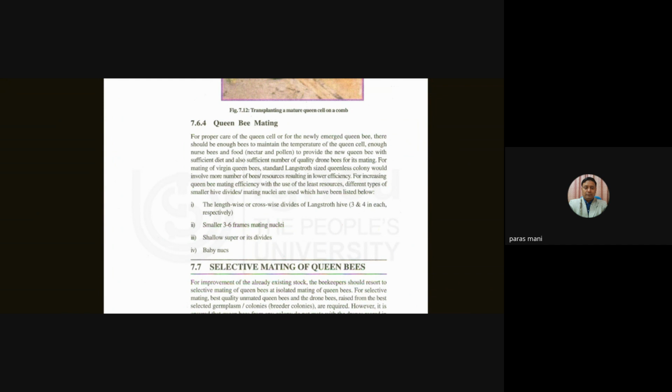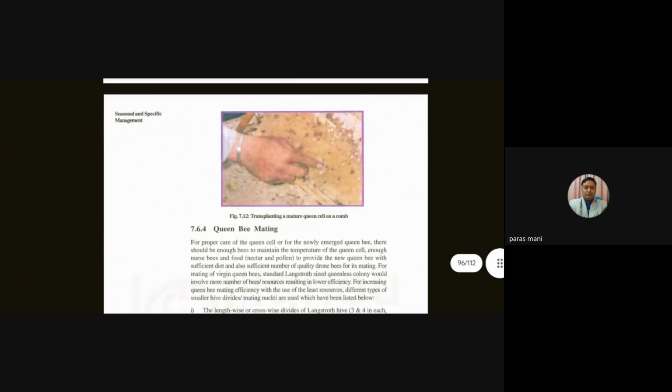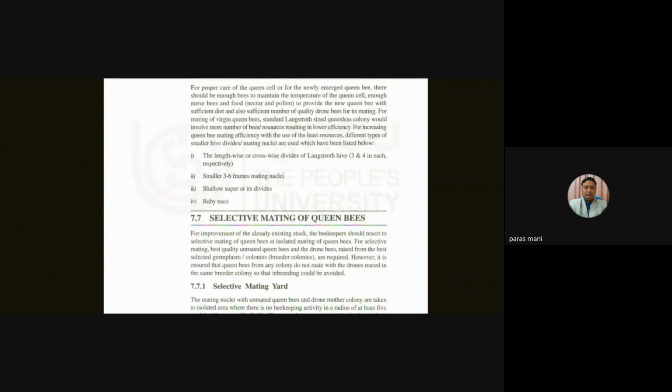Only half or less than half of the colony strength must be used, and the remaining must be closed, or else a shallow super may be used, or else we can divide the box into many chambers lengthwise and crosswise, and make separate chambers for each queen cell, so the population will be reduced.